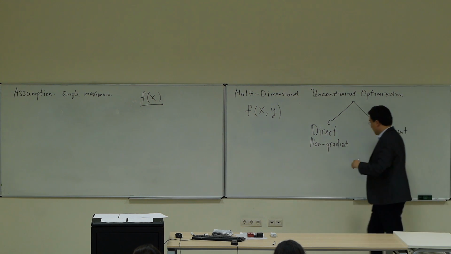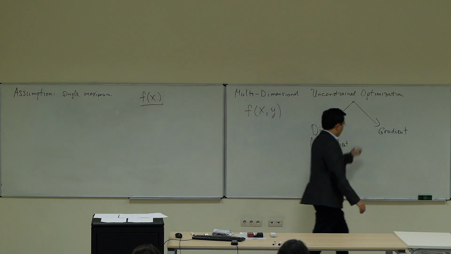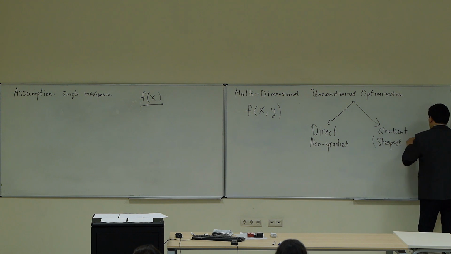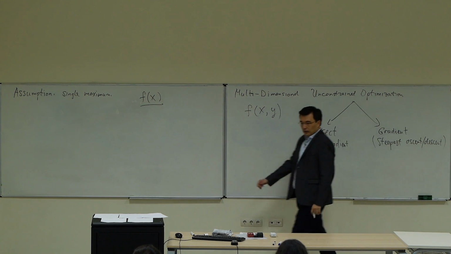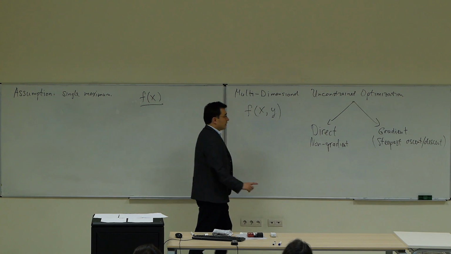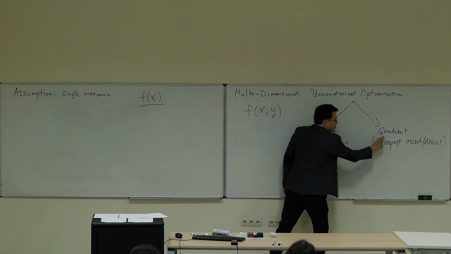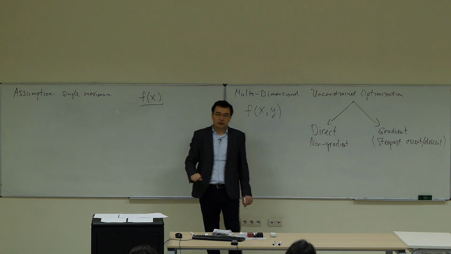There are other names like steepest ascent or descent. We'll discuss one method per each group. We'll discuss one direct method today and one gradient method. That's the program for today.